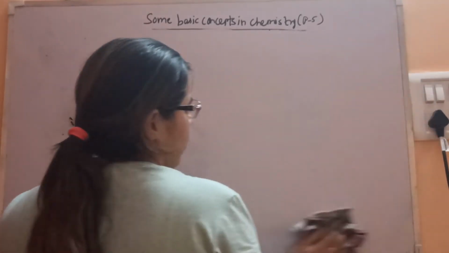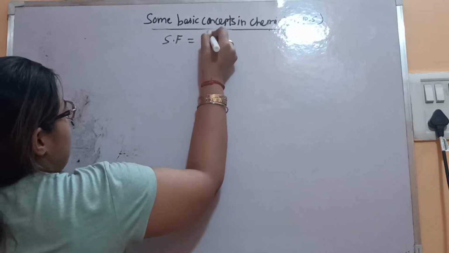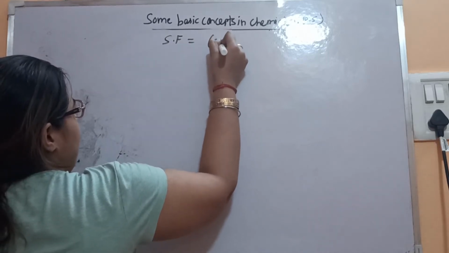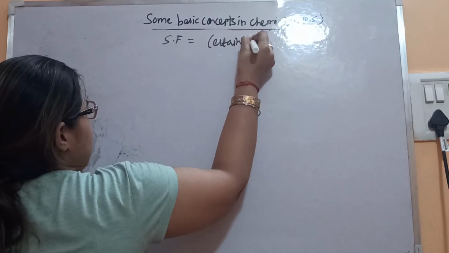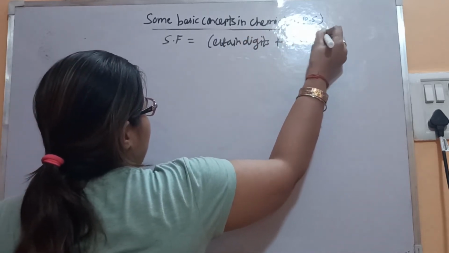Okay, so let's see the rules. Significant figures is equal to certain digits plus the last digit.